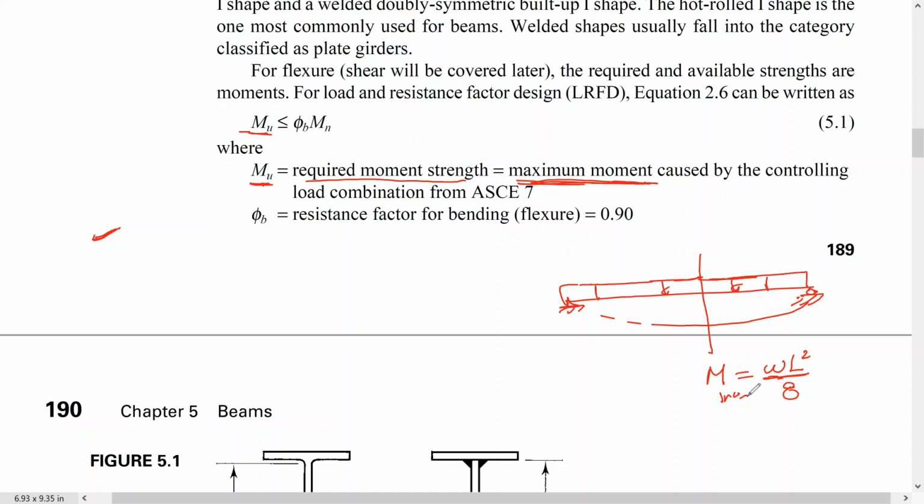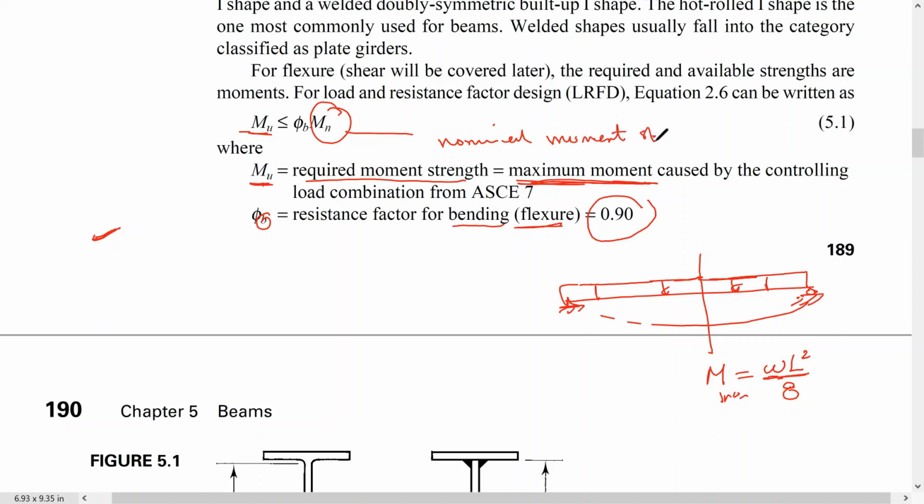And phi b here, phi with b for bending, is the resistance factor for bending, and bending or flexure are the same, just different terminology. So this one is going to be 0.9 for flexure. And Mn here is the nominal moment strength.